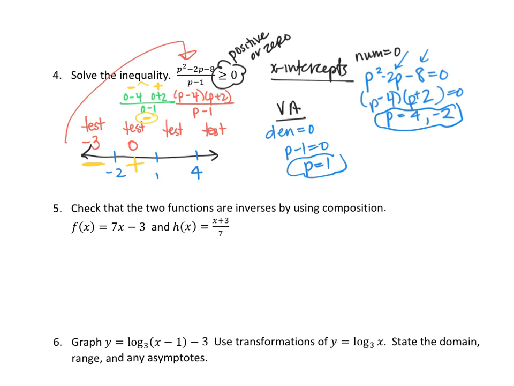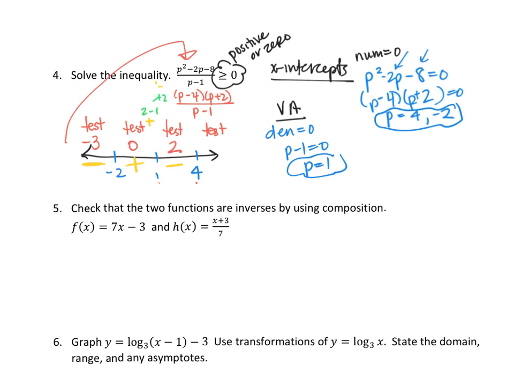Then we want to test something between 1 and 4, so maybe test 2. And so if we test the number 2, that's going to be plugging in 2 minus 4, we'll have a 2 plus 2, and we'll have a 2 minus 1. So we're going to get something negative times something positive divided by something positive, which ends up being something negative.